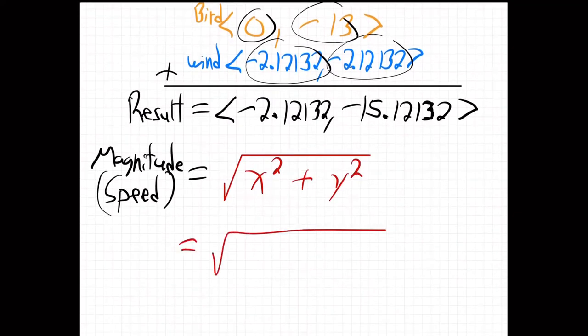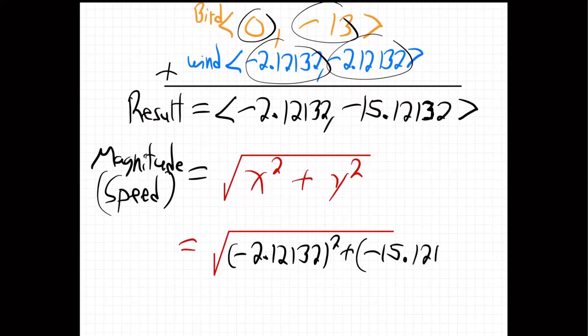So that's going to be the square root of negative 2.12132 squared plus negative 15.12132 squared. Let's hit the buttons on our calculator. Let's see, squared plus... Oh, I messed up.